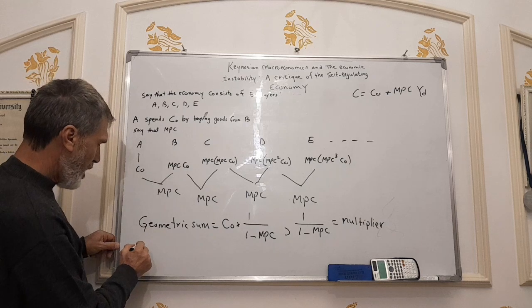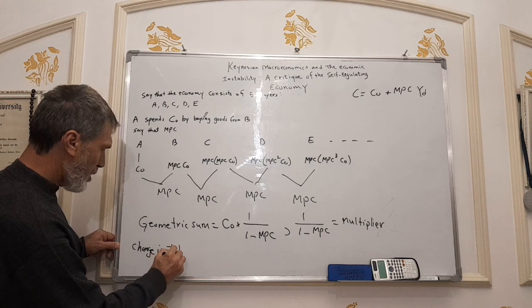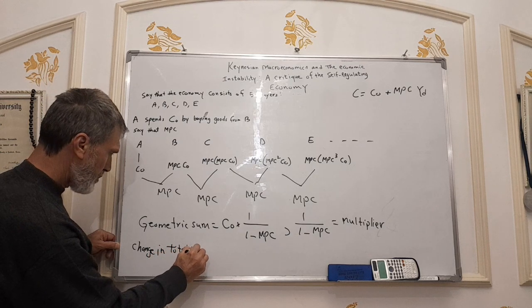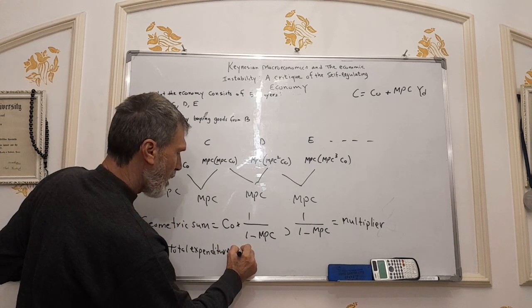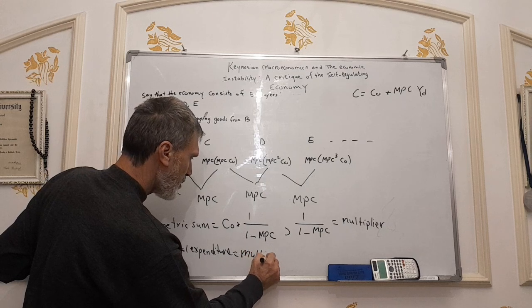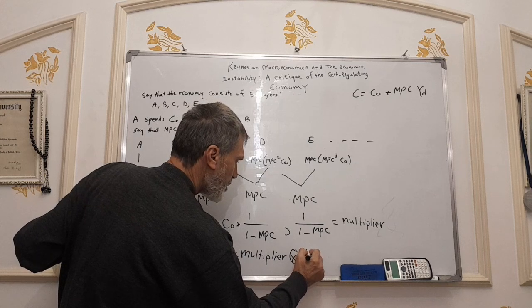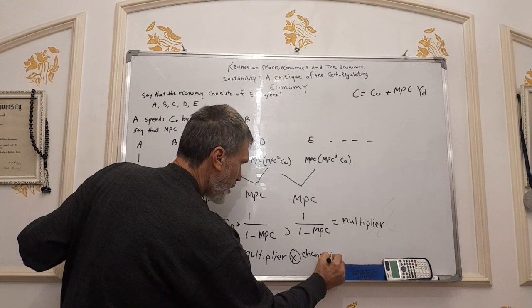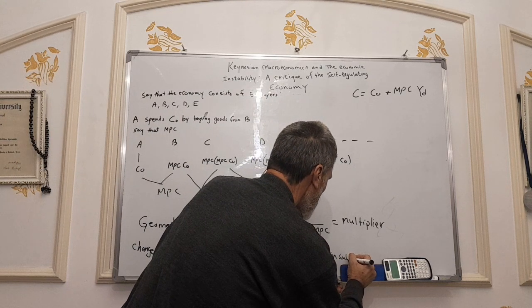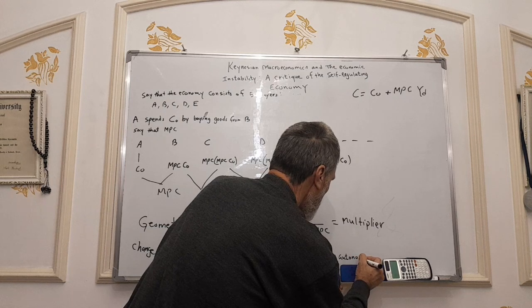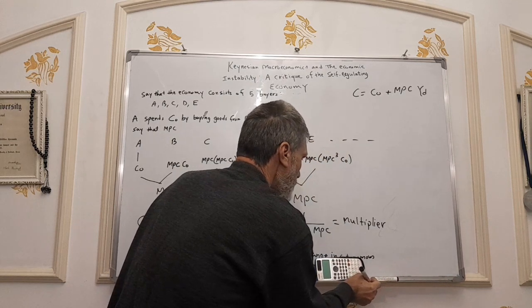So the change in total expenditure is going to be equal, of course, the multiplier times the change in autonomous consumption.